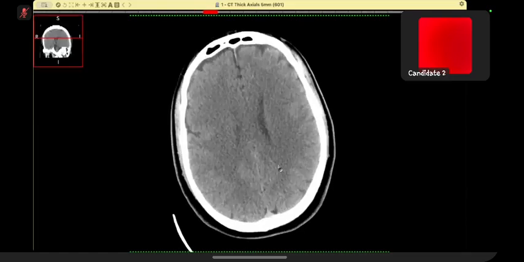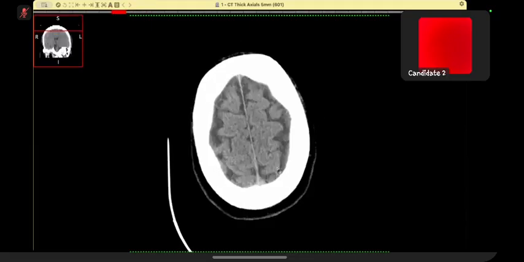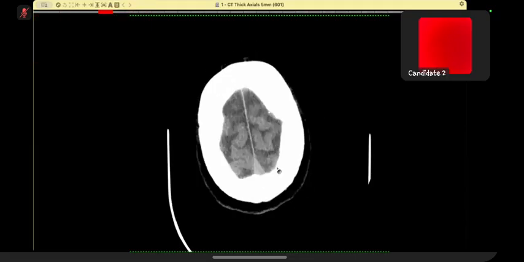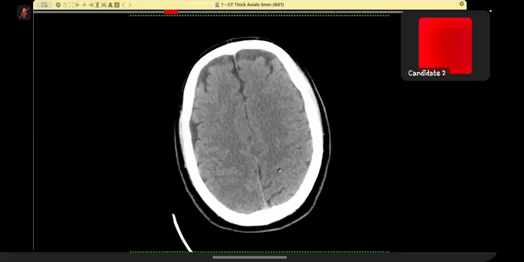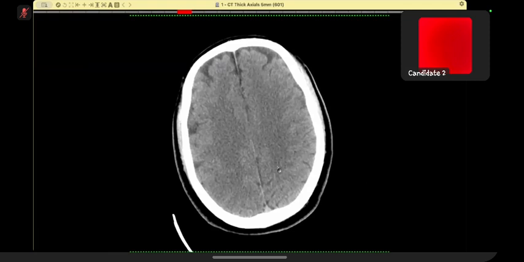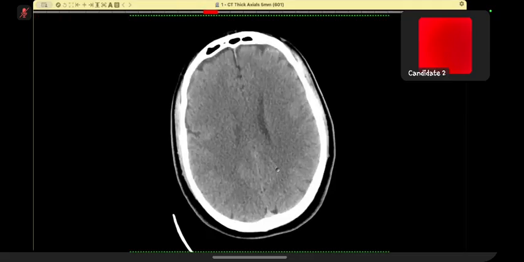Okay, so I'm trying to look for any focal hypodensities or any sulcal hyperdensities to rule out any SAH. Okay, I can see that in the right frontoparietal region there appears to be some asymmetry as compared to the left side.